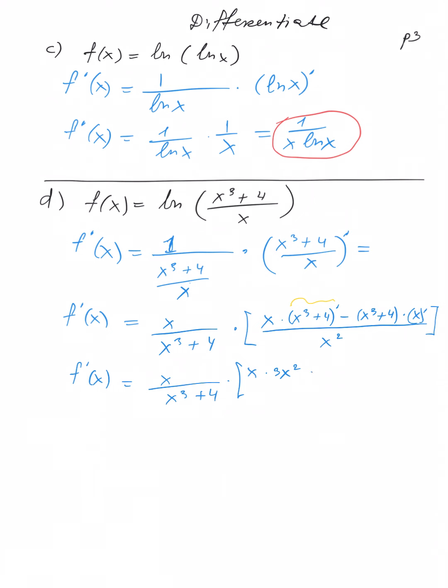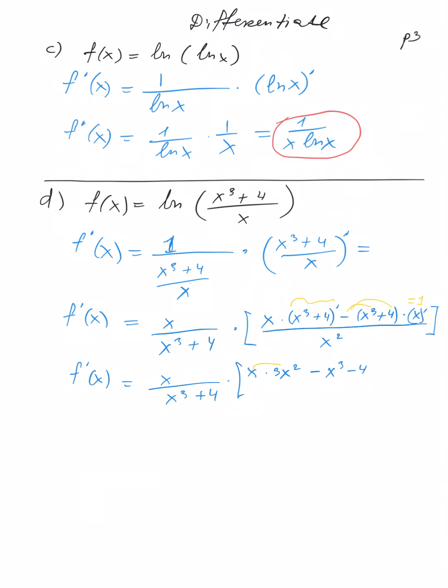Then I have minus the derivative of this last term, x, which is equal to 1, so it really doesn't play any role. I'm just going to distribute this negative, so I get negative x cubed minus 4, and I can combine these.